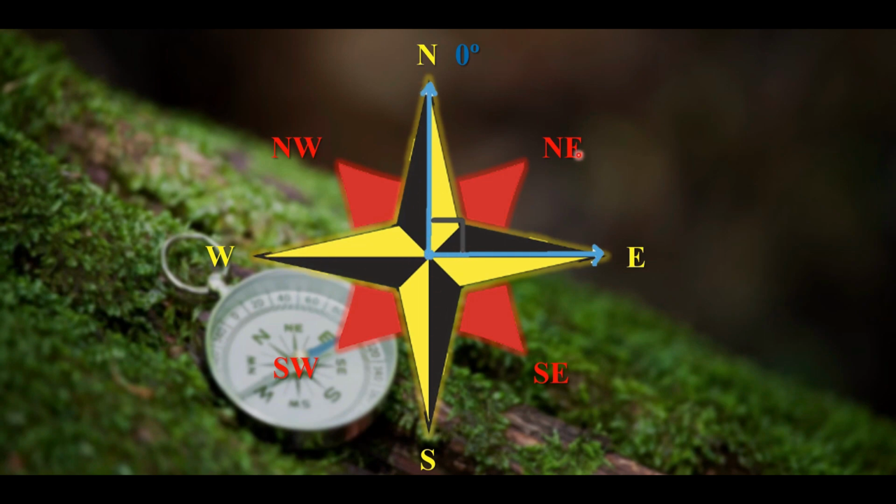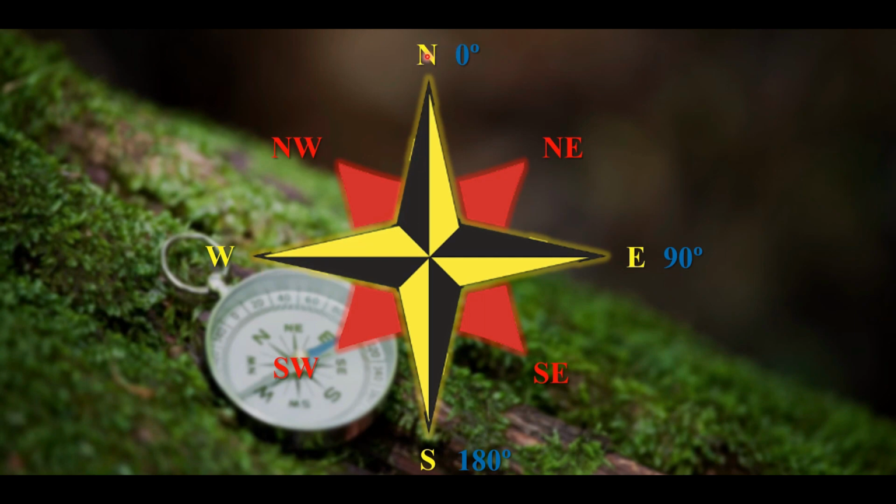So if a circle is 360 degrees, divide that by 4 and you get 90. So the bearing for north is 0 degrees, the bearing for east is 90 degrees, and likewise, south is 180 degrees. If you've heard about a 180, that's like you turned around. You call it 180 because that's half of 360, which is a full circle.